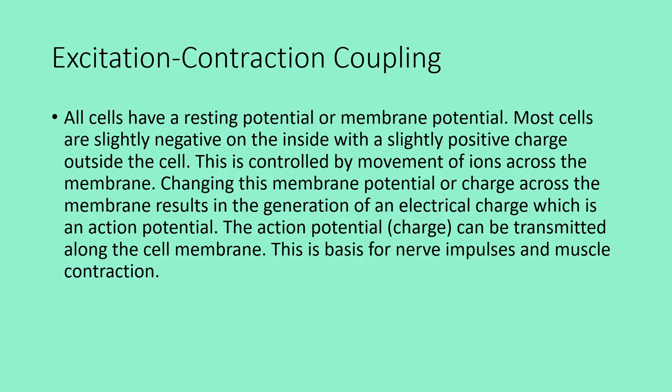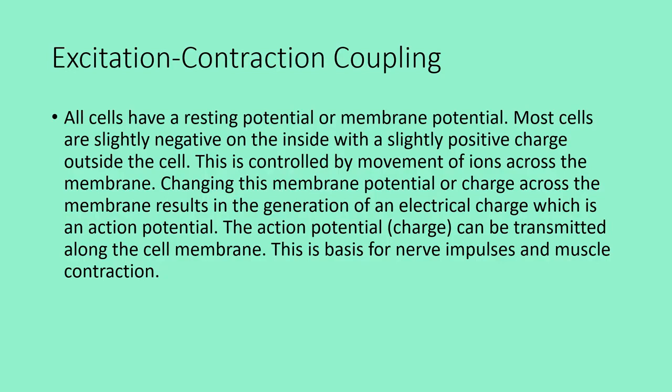And that action potential, or that change in charge, can be transmitted all down the length of the cell membrane. This is the basis for generating a nerve impulse and for generating muscle contraction. At rest, the inside of the cell is negative, but you're going to change it to positive.